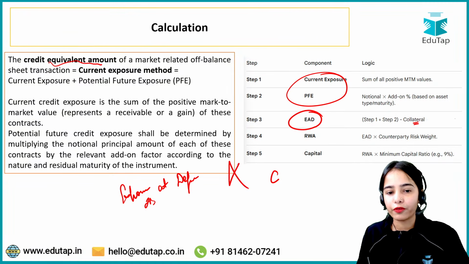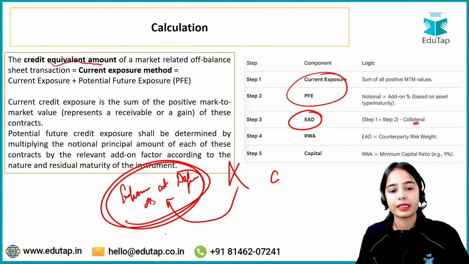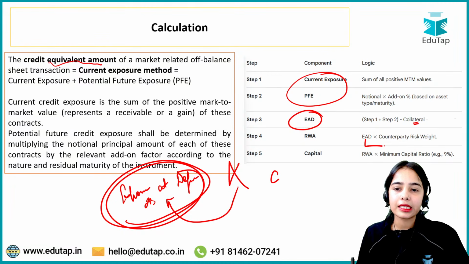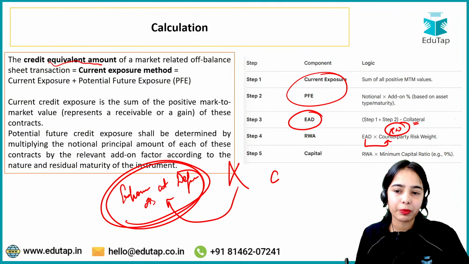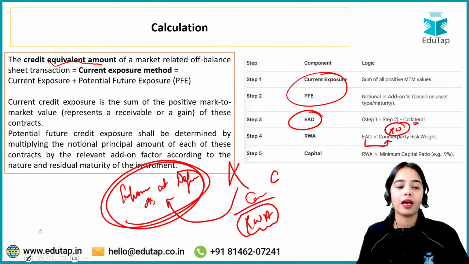If the other party defaults, the exposure the Indian bank has is the rest of the amount. Okay, so against the exposure at default, the risk weight is applied. Multiply it with the risk weight, and against the risk weighted exposure, the capital has to be maintained by the bank.